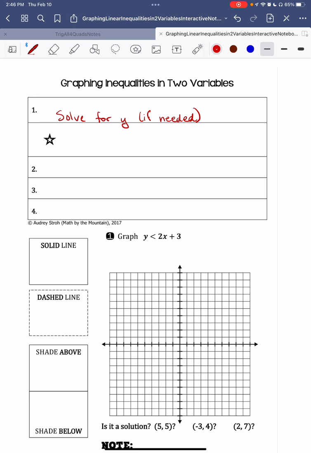And it's a lot like if you're taking a standard form linear equation and putting it into slope-intercept. That's the same thing we're doing here, just getting it into slope-intercept.